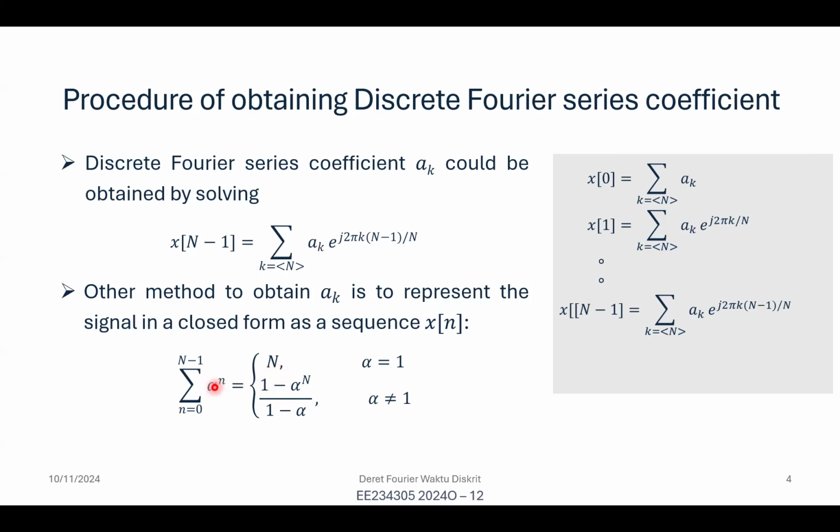If alpha is 1, then we basically have N, because this would be summed N times. And if this is not 1, we can use this geometric sum, where we have 1 minus alpha to the power of N over 1 minus alpha.